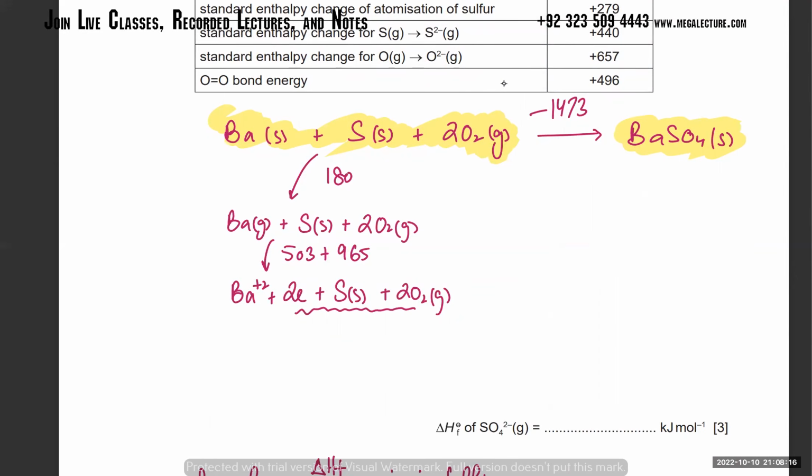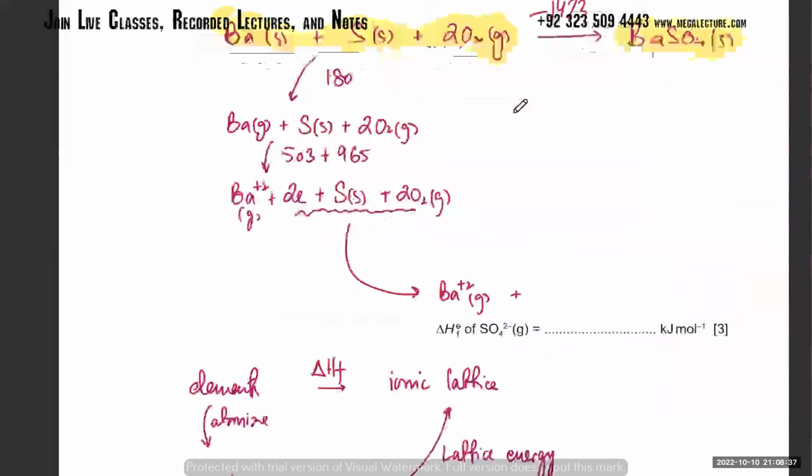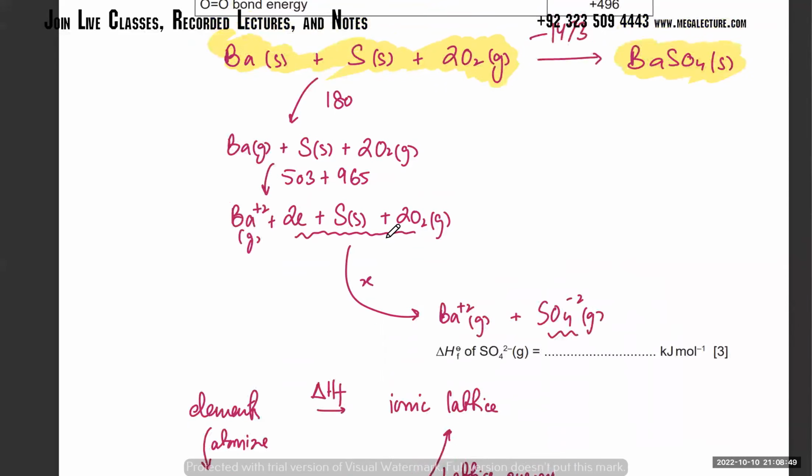So I'm going to put the unknown equation at this part. The barium will not change. Nothing happens to barium, so barium remains as plus 2 gas. The sulfur solid with 2 oxygen gas plus 2 electrons turns into SO4 minus 2 gas. I'm going to do all of that in one step. This is the unknown enthalpy change that I'm trying to solve for. Is this idea clear?